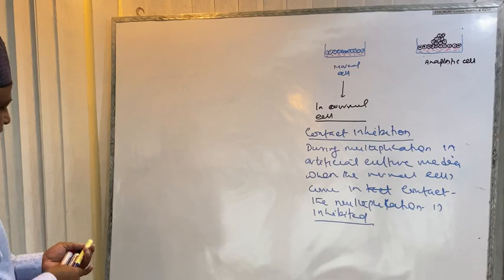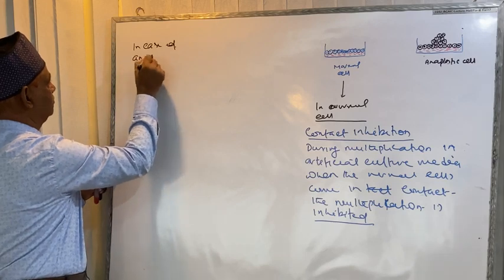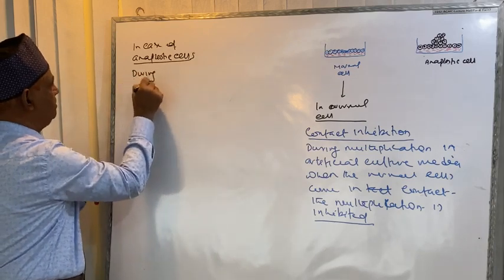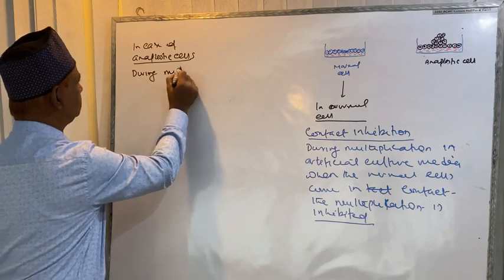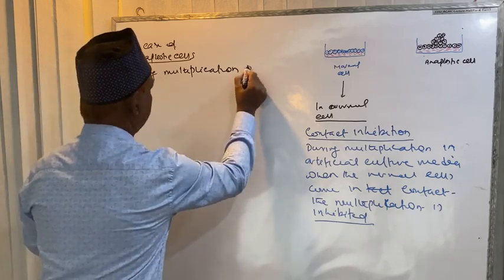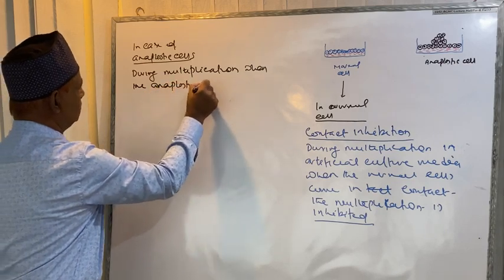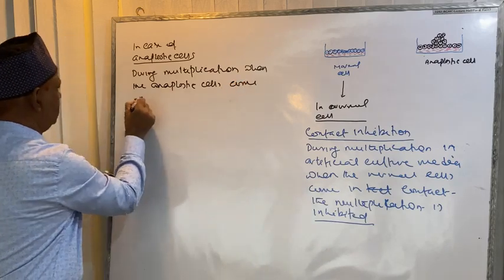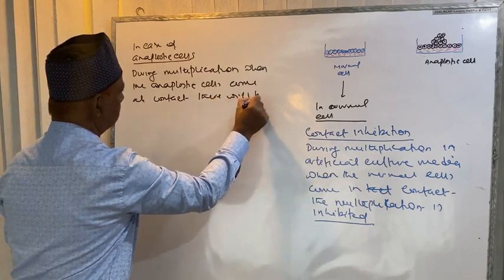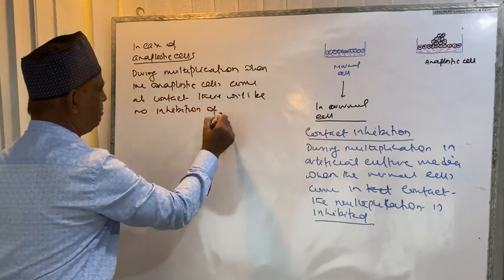In case of anaplastic cells, during multiplication, when the anaplastic cells come in contact, there will be no inhibition of multiplication.